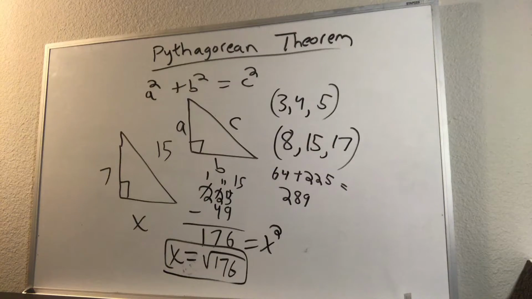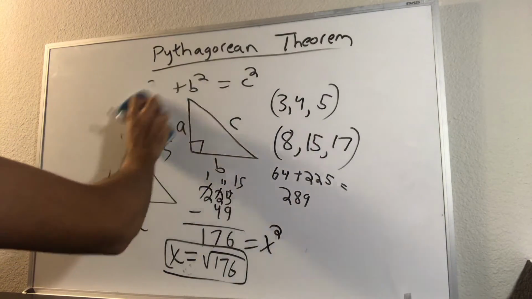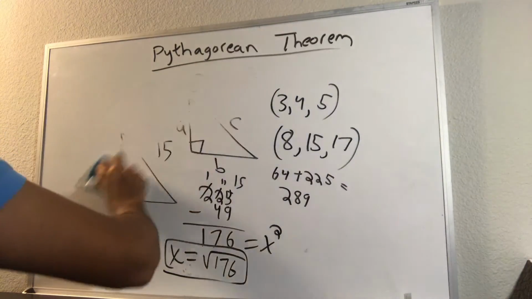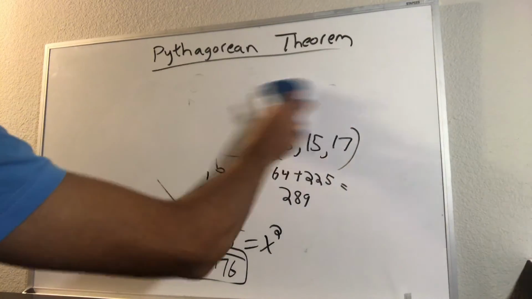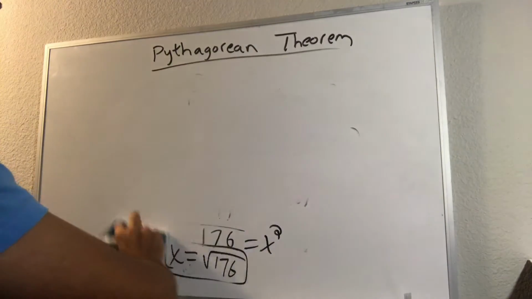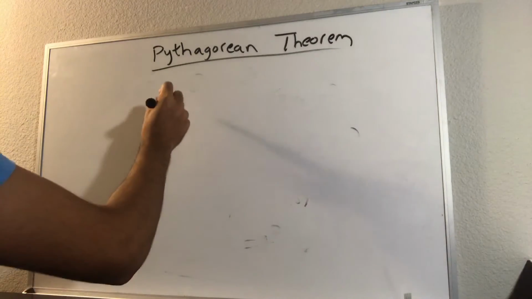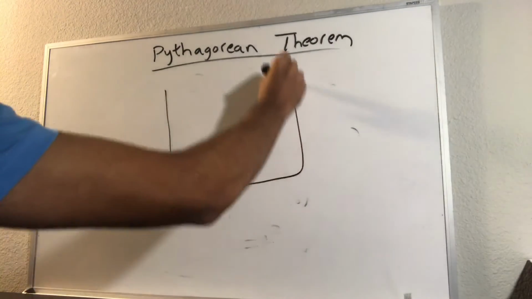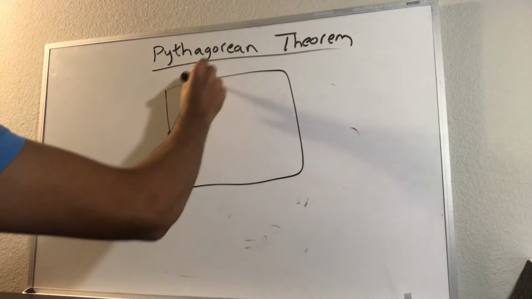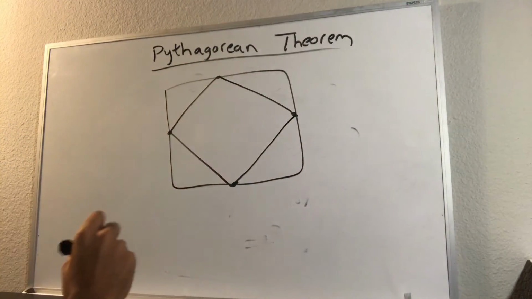Now, there's something else. Obviously, there's a proof that goes along. In fact, there are over 300 proofs of the Pythagorean theorem, and that's a lot for sure. So here I have one specific proof that I want to go over, just because I think it's good and easy to understand. We have a larger square here, and another square inscribed, or a square within the larger square.